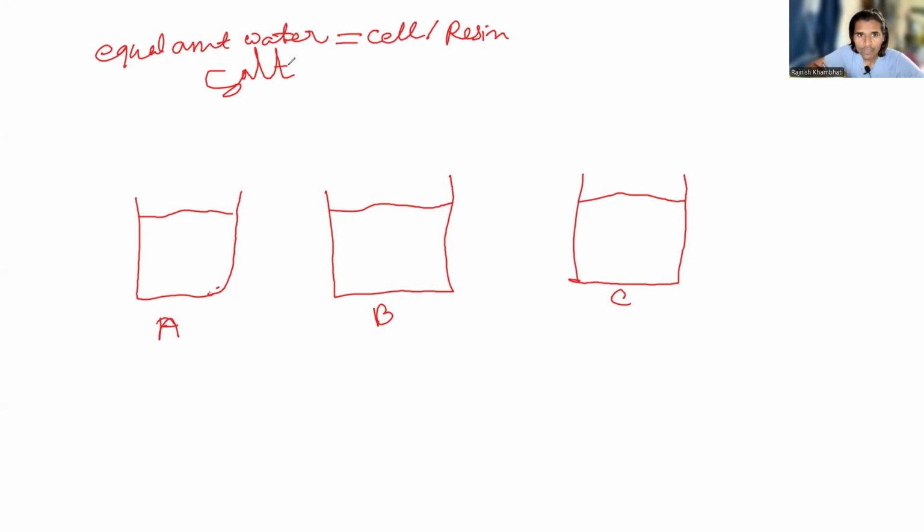In A, I will be adding 10 tablespoons of salt. In B, we'll be adding 1 tablespoon of salt. And in C, we'll be adding 0 tablespoons of salt, meaning no salt at all. Now, this is the difference. After adding this, we will be adding one grape or a cell inside.